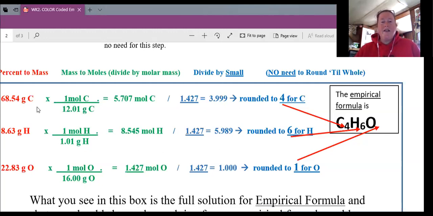I divided each of those numbers by small, and for the carbon I got 3.999, which is very close to 4, and for hydrogen 5.989, very close to 6, and then for oxygen it's 1. So the formula for this is C4H6O1, but we don't write the 1.